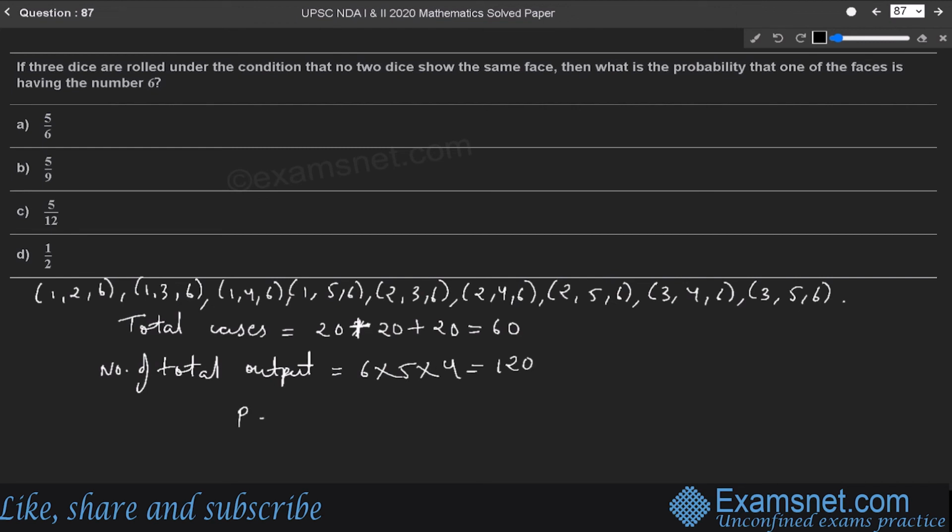Now the required probability is total number of favorable cases upon number of total outputs, which will be 60 upon 120, which gives 1 by 2. So this is the required probability that one of the faces is having the number 6. So the correct option for this question is 1 by 2.